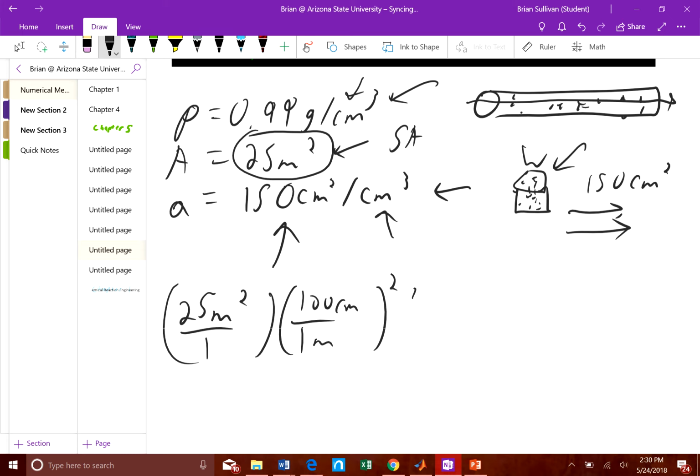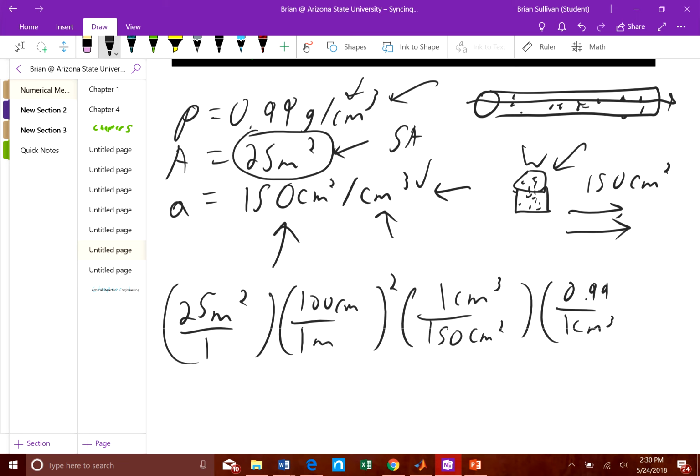Now I've got the total surface area exposed in terms of centimeters squared, so I want to get it in terms of volume to use my density. So I'll do 150 centimeters squared per 1 centimeter cubed, using this guy. And the next one, I want to convert that to grams: 1 cm cubed equals 0.99 grams.